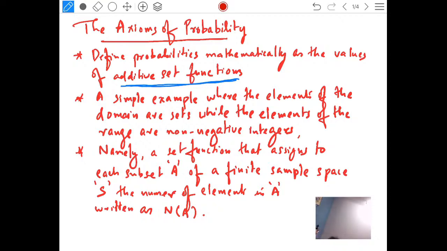So we can determine the value of n of A for any other subset A of S.